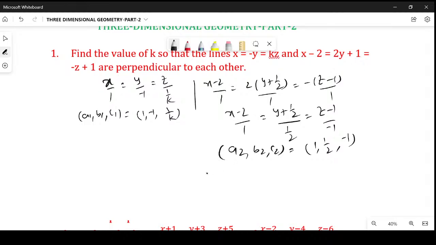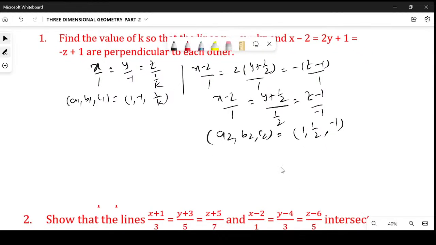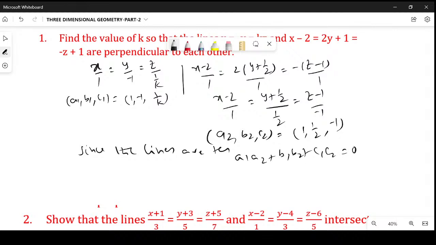Now we know the property here. The given two lines are perpendicular, so we can use a1a2 + b1b2 + c1c2 = 0.